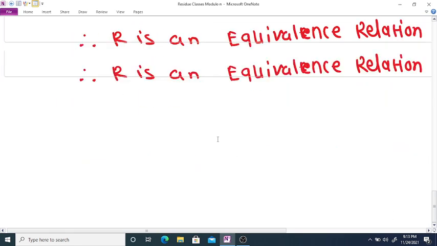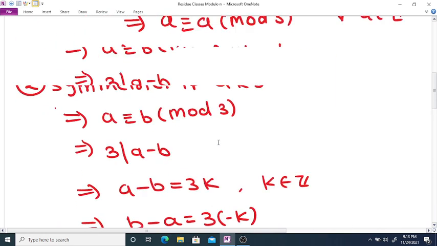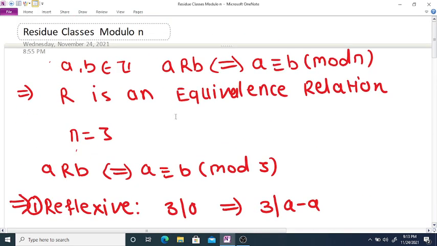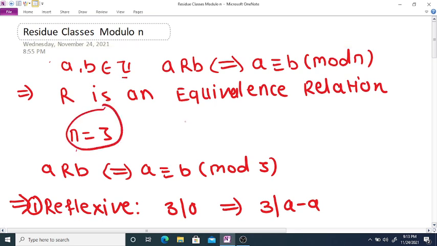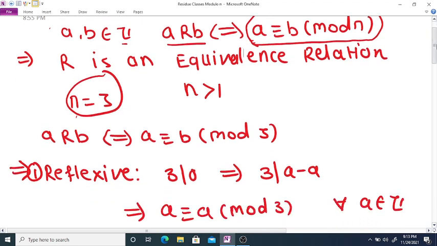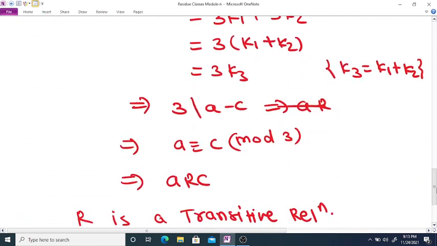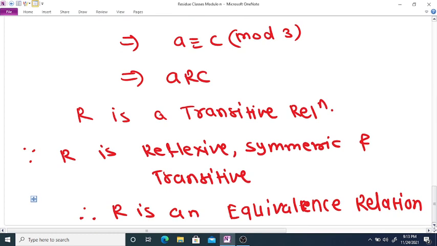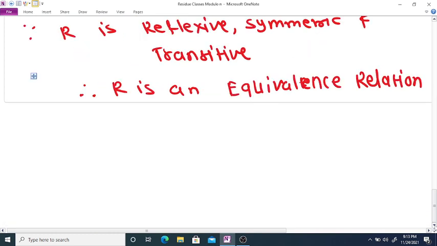Now similarly, if we take any integer n greater than 1, here we took a particular case n equal to 3, and define this relation a related to b if and only if a is congruent to b modulo n, then the given relation R is an equivalence relation. For n equal to 3, n equal to 4, n equal to 5, and so on, the relation R is an equivalence relation.